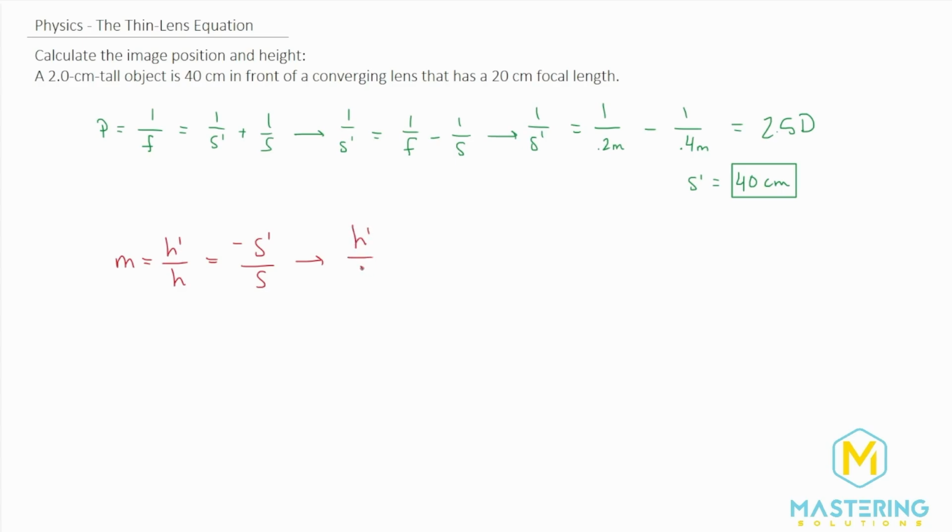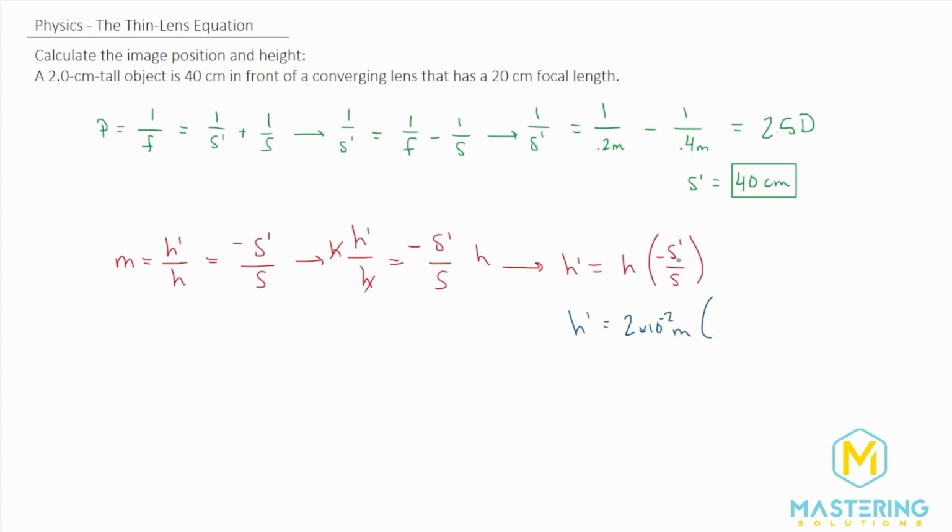So h prime over h is equal to negative s prime over s, and we want to isolate this, so we'll multiply both sides by h. So h prime, or the image height, gives us h times negative s prime over s. So we have h prime is equal to the height of the object, which we're told is 2 centimeters, so that's going to be 2 times 10 to the negative 2 meters.